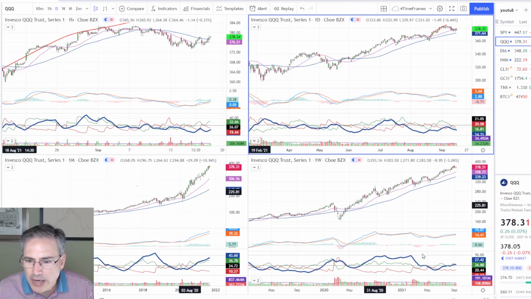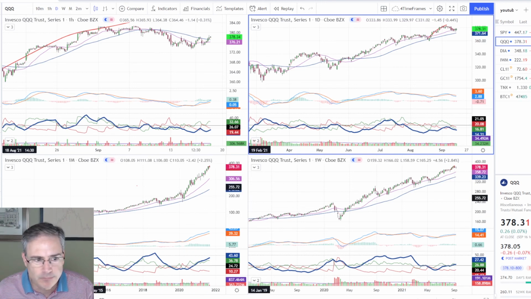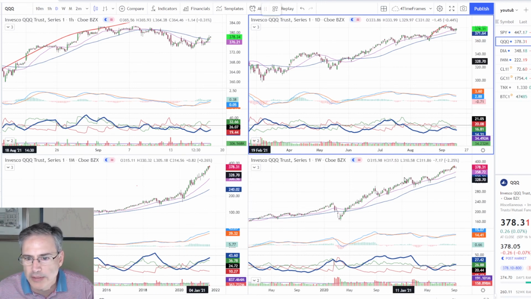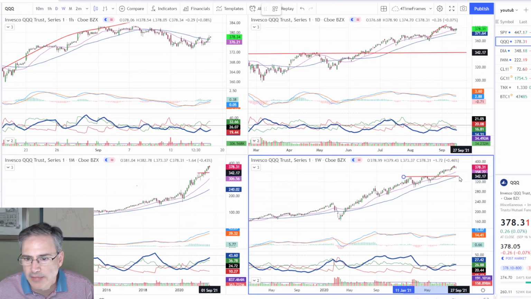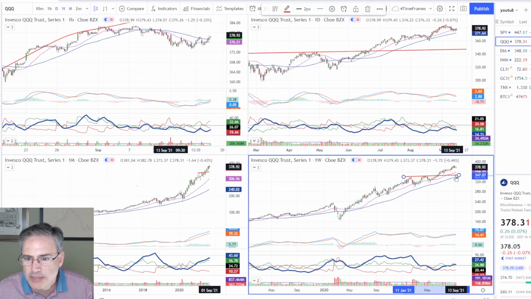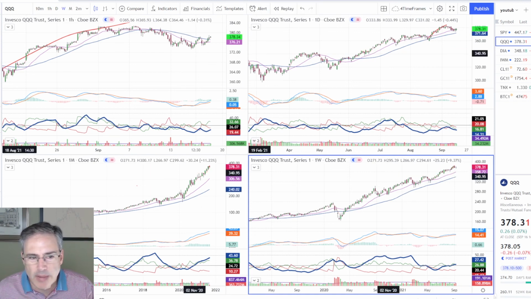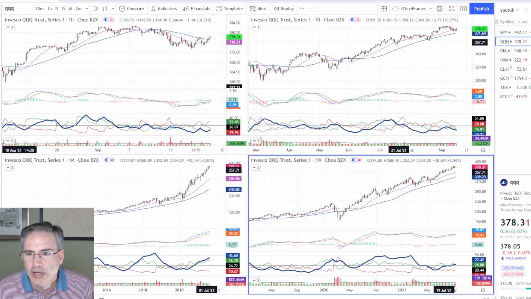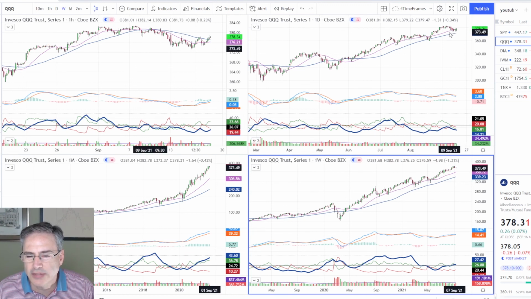Whereas I don't know that I'd be looking for that in this time frame, but we could pull back to where support is, like that. We could come back towards these two, this support area in between the 18 and the 40, and still be in an uptrend on a bigger picture, but maybe go through some type of correction and something a little more serious on the daily chart.